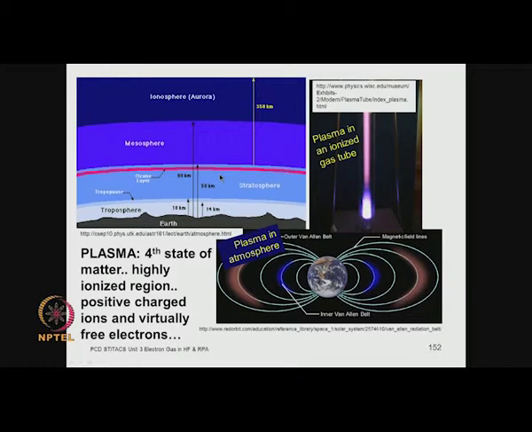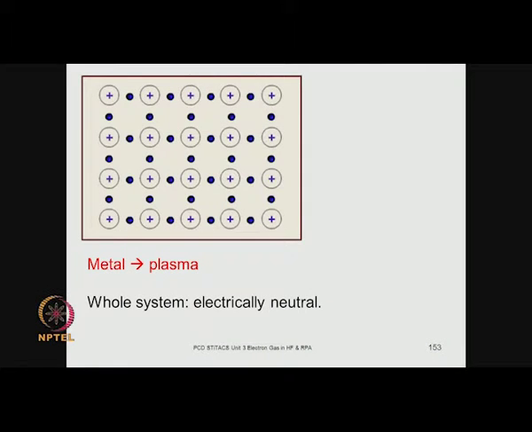So, the plasma has a place in many places in nature and even in the laboratory. You have positively charged ions in the plasma, and you also have virtually free electrons in the plasma. The whole system is typically electrically neutral.